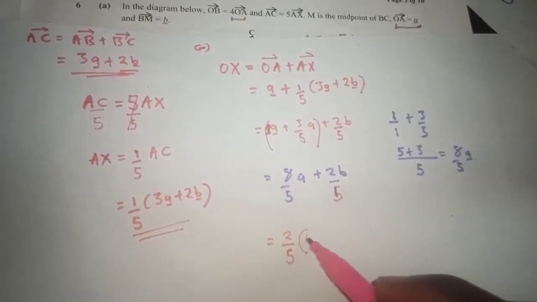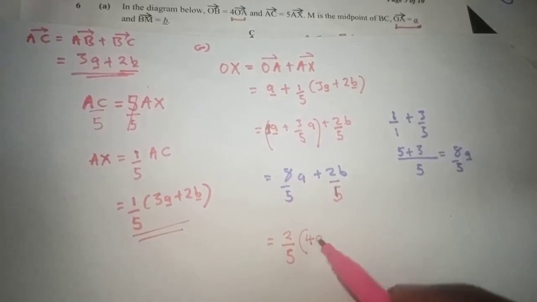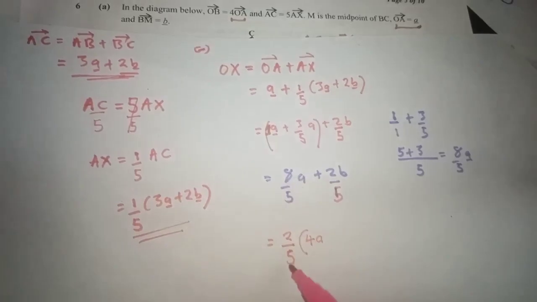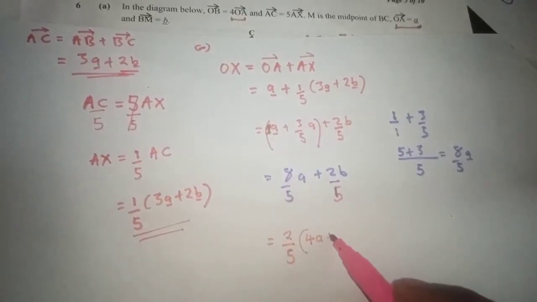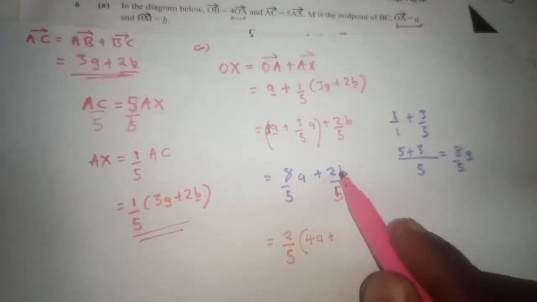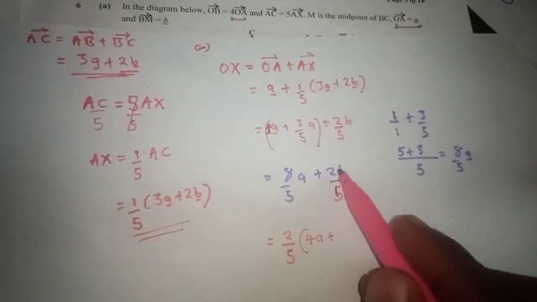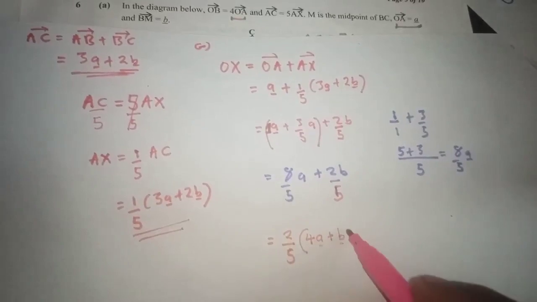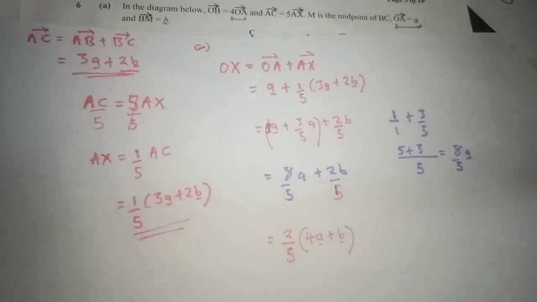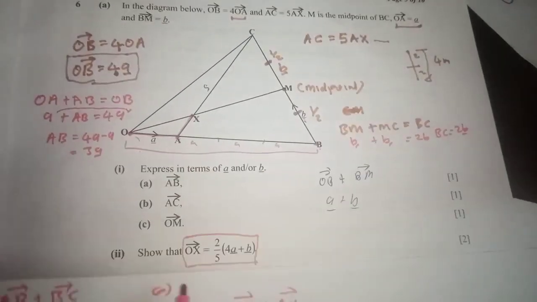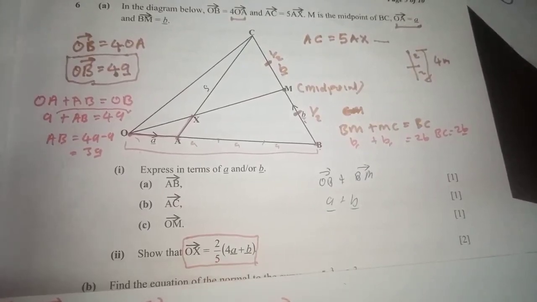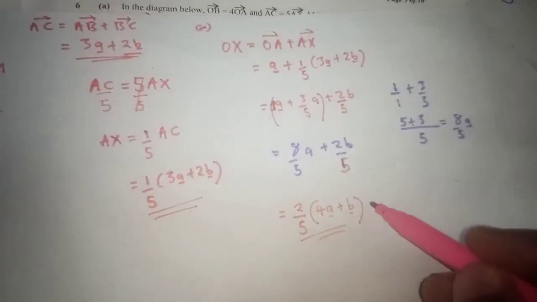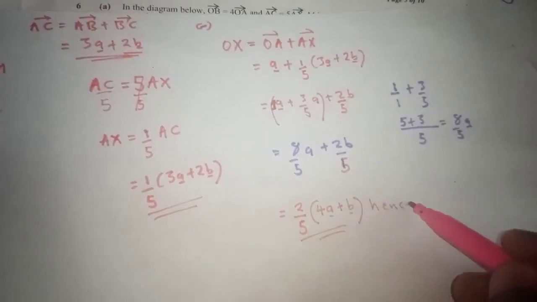It is simply 4, so you put 4A here, such that 2 times 4A gives 8A over 5, plus, here you've already removed the 2 over 5, so you simply remain with B. Now let us compare with what they have: 2 over 5, 4A plus B. And at this point, we are just going to write hence shown.